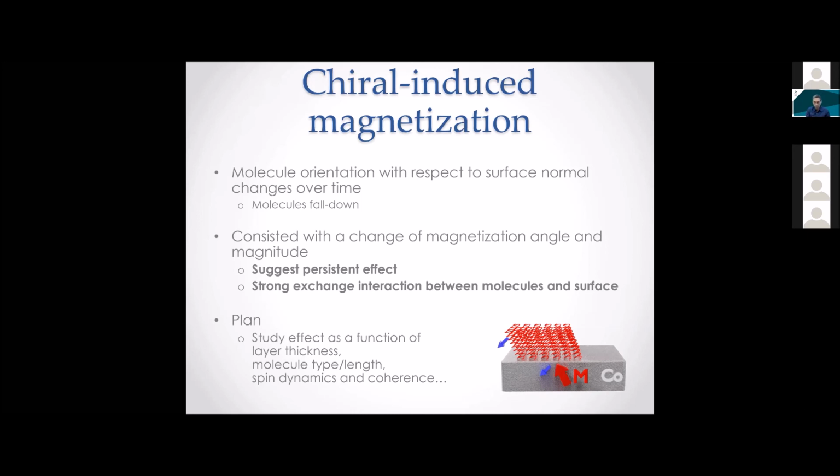And we believe that this suggests that there's a persistent effect going on here, not dominated by charge redistribution during the short adsorption process, but rather dominated by relatively strong exchange interactions between the molecules and the surface.